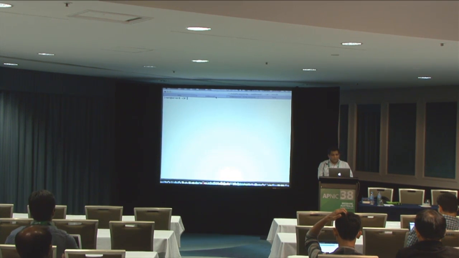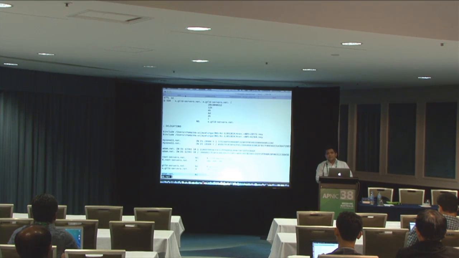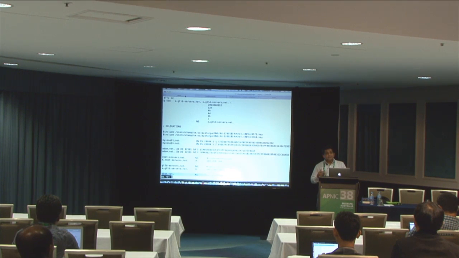In their zone file, they have to again have those zone records and so on, and then they have to sign that zone, and in the same way do the signing and then send the DS records to me, right? Because I'm the parent, which is .net. That's why you would find I have these DS records that I've got from adam.net, my child here.